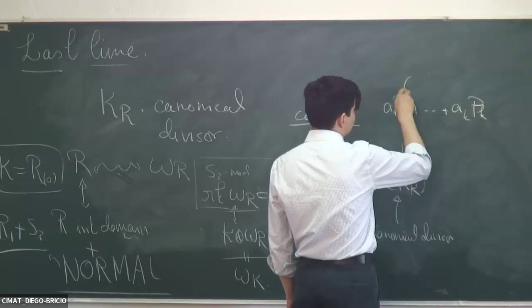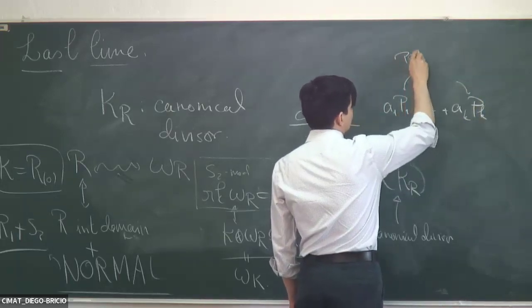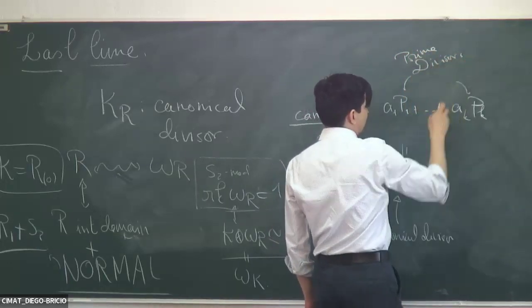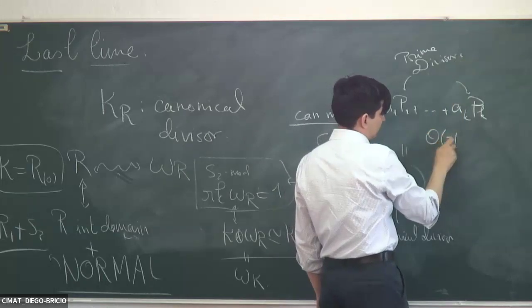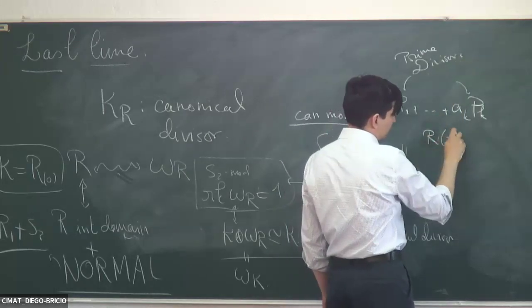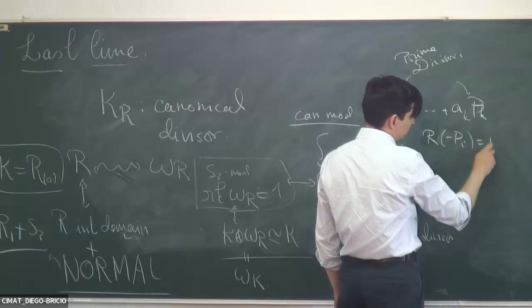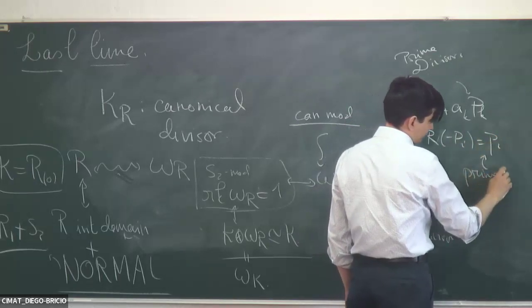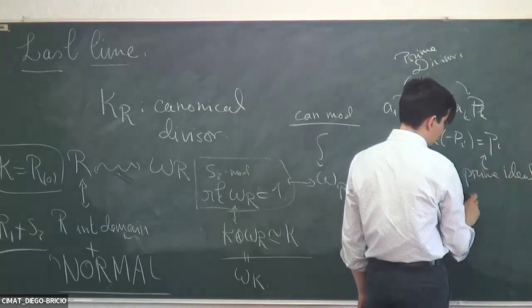These are prime divisors, i.e., you know that R negative pi is going to be a prime ideal of height 1.